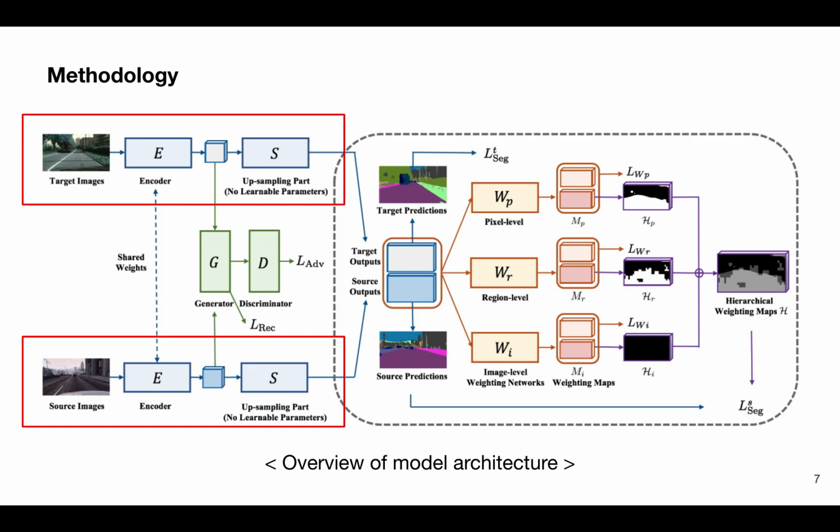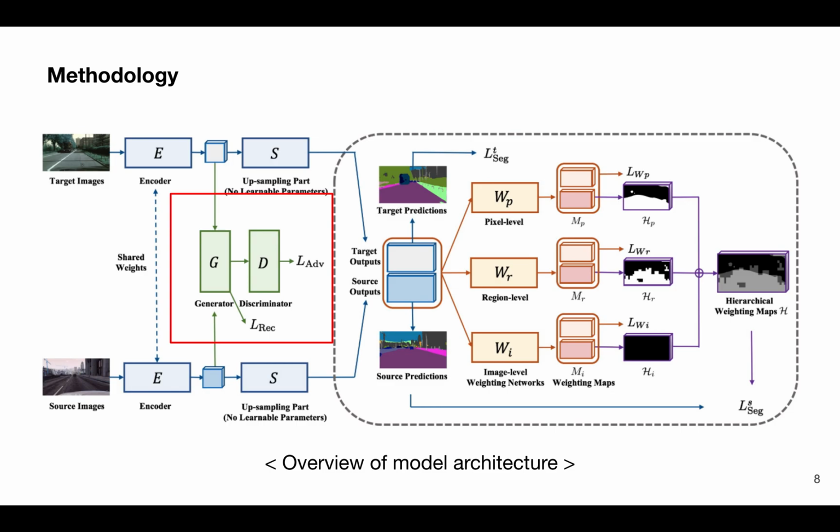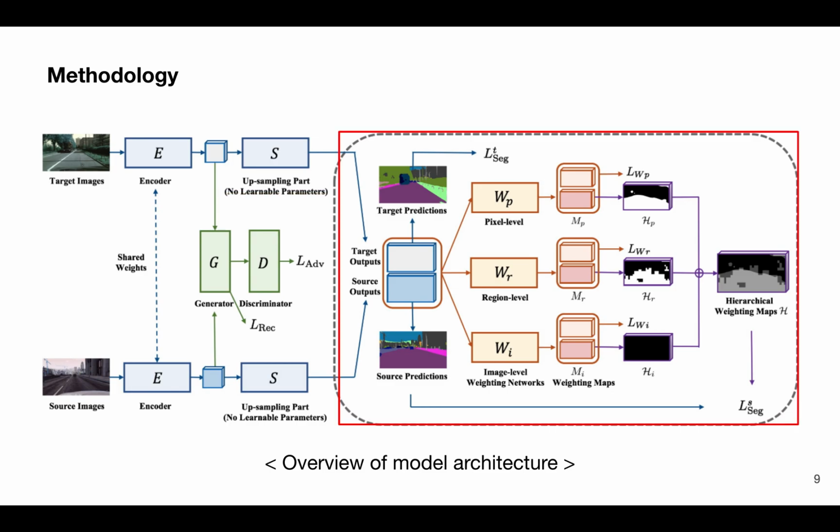This is the overview of the model architecture. First, they put target images and source images as input, and then they apply GAN to reduce the domain gap between them. After this part, the weighting algorithm is applied. At the pixel level, they feed the target outputs and source outputs, and they map the label result as ground truths with respect to the images.